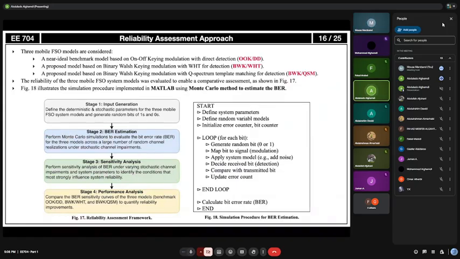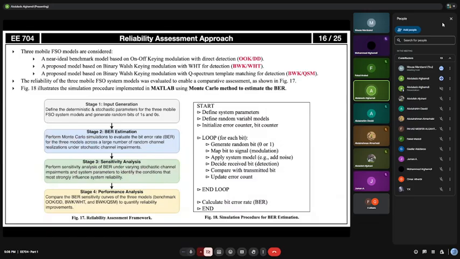Yes. First of all, the main contribution or the novelty in this work is that nobody has used or modified the Walsh-Hadamard transform, or optimized the Walsh-Hadamard transform, to increase the reliability of the mobile FSO system.